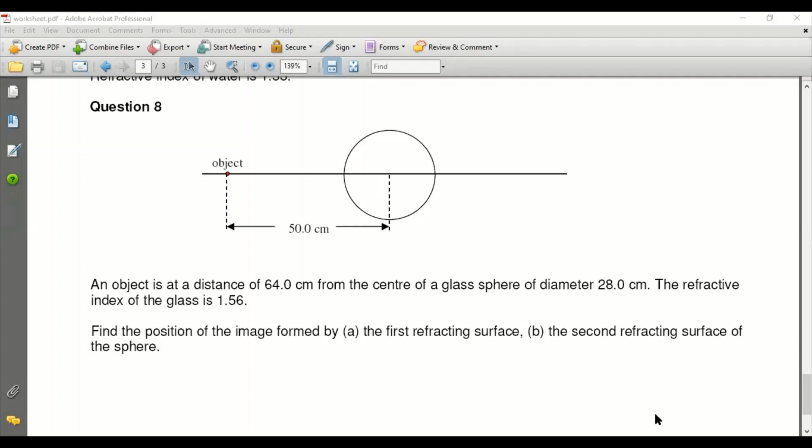Answer for question number 4. Answer for question number 5. Answer for question number 6.